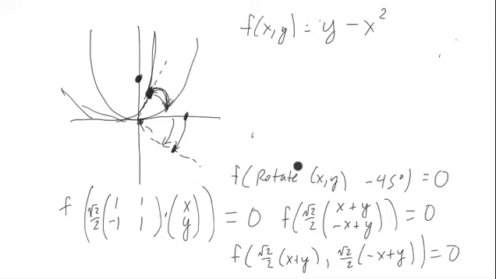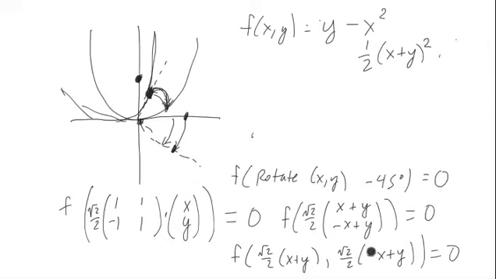So we're going to put this in for x and that in for y. This right here goes into the x spot. Squaring that, this really is just 1 over root 2, so squared it's just a half. So we get a half, times (x plus y) quantity squared.